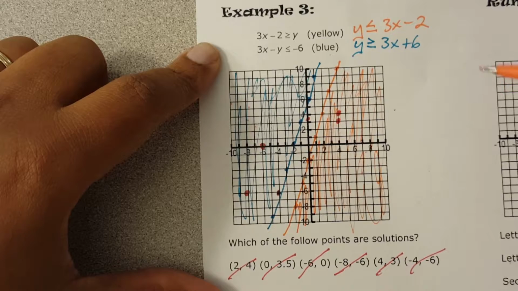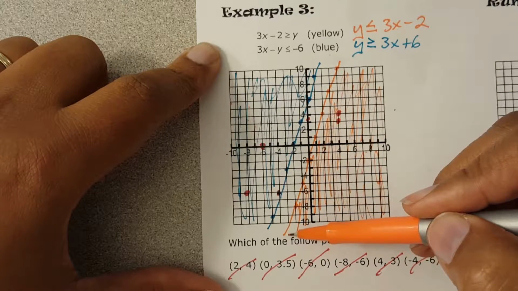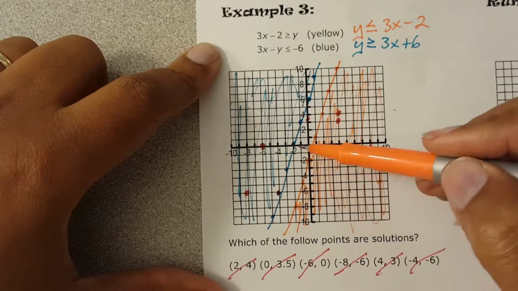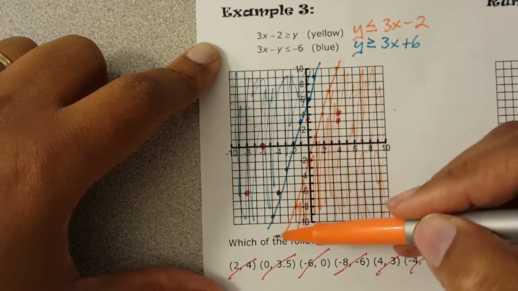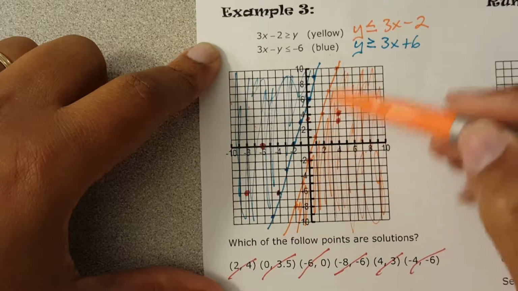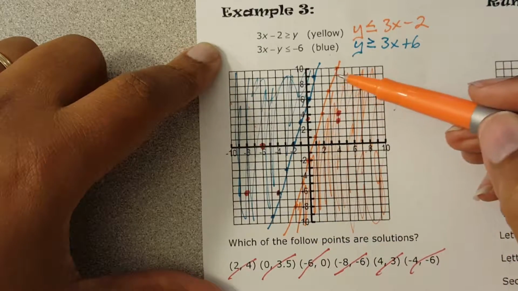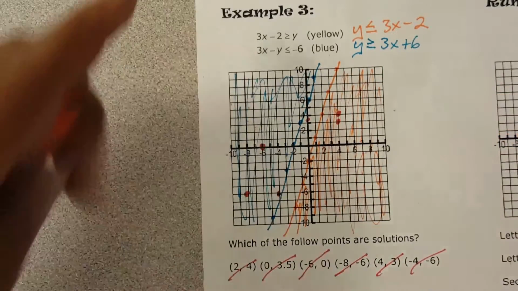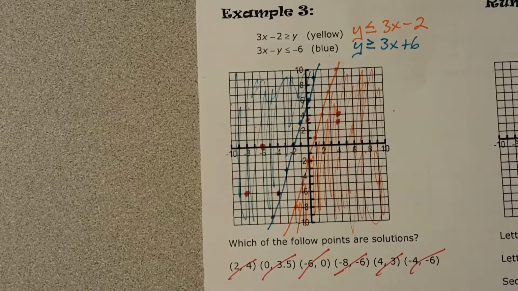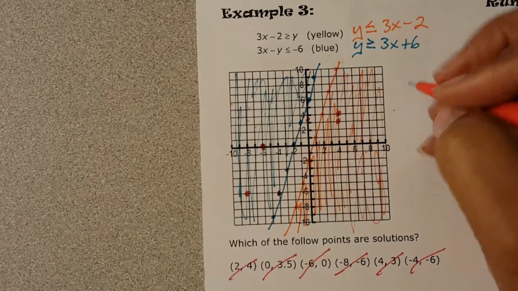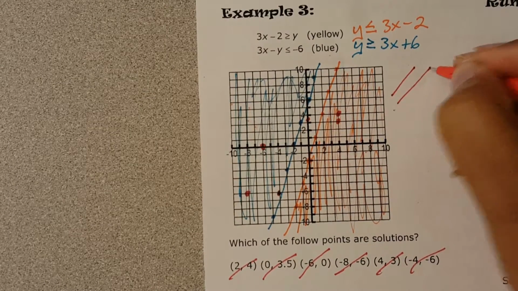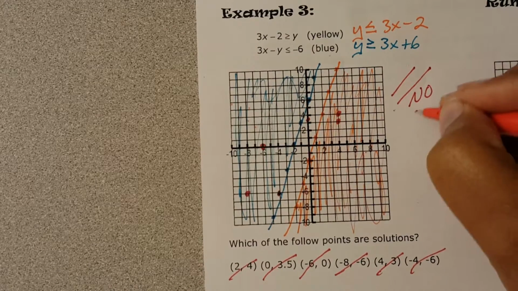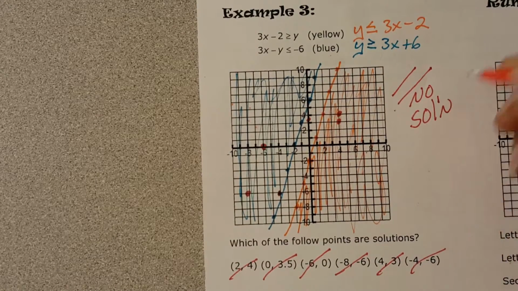But please notice that in this particular graph, there is no double shaded area. There is this blank area where there is no shading. In this case, there is no solution to this system. Very much like when you see two parallel lines, how there is no solution found.